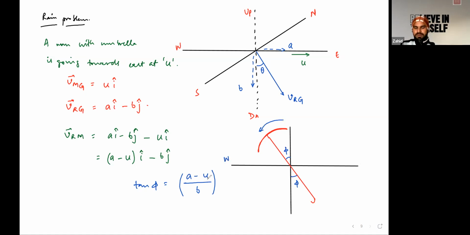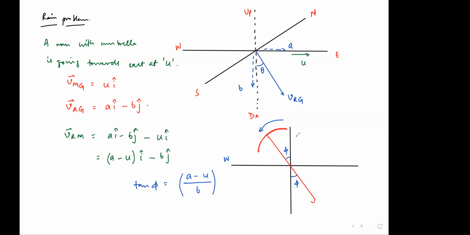And if u is more with respect to a, the inclination will be towards east. And if a and u are equal to each other, then there will be no inclination. He should keep his umbrella in the vertical direction. Is it clear? Yes, sir. Okay, just write it down.